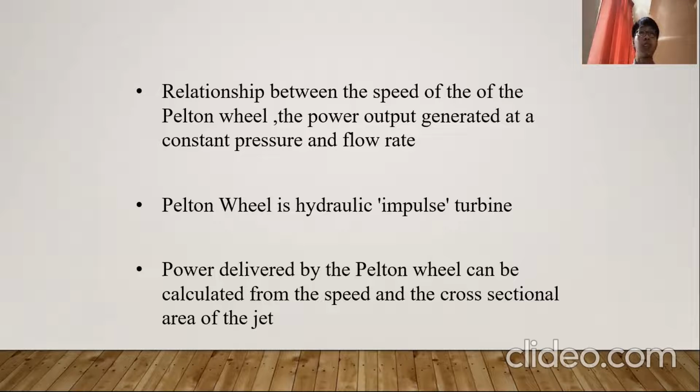The impact that is produced from this will generate torque, which will cause the wheel to spin, and this will in turn provide power. The power delivered by the Pelton wheel can be calculated from the speed and the cross-sectional area of the jet.